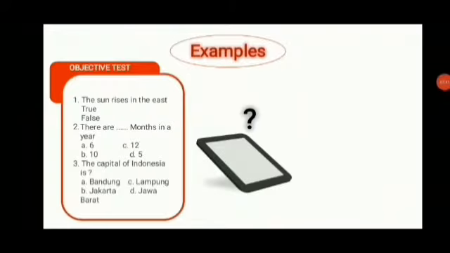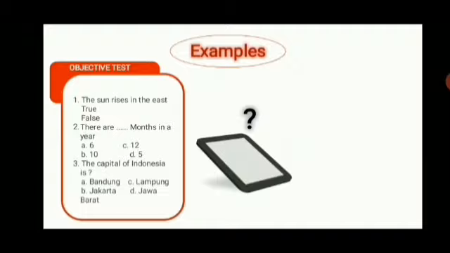For the first, the objective test, now let's see example number 1. The sun rises in the east. Everyone knows in fact the sun rises in the east, so we have to choose true as the best answer. And then number 2, there are blank months in a year.